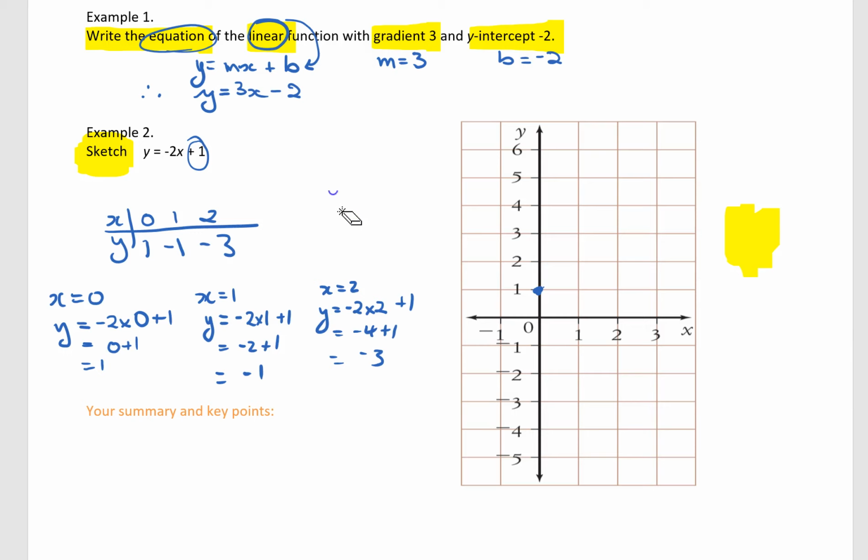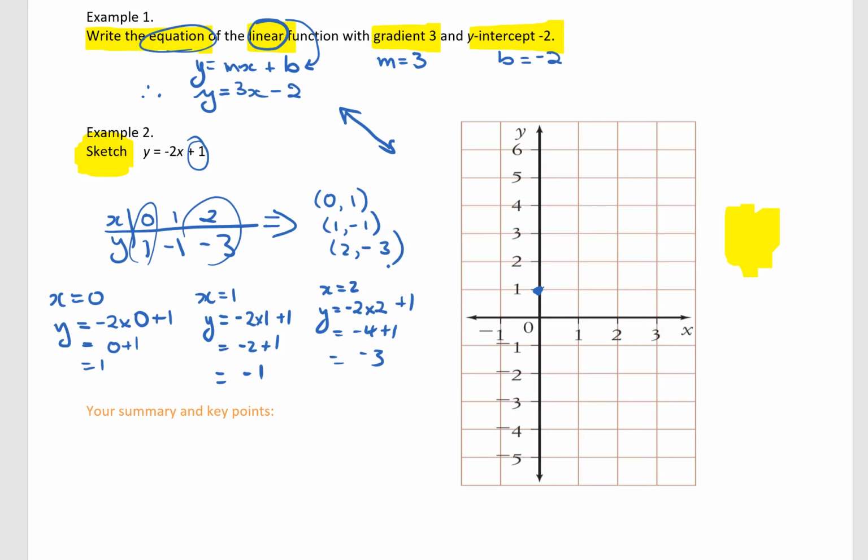I'm just going to move that and put it up here just to give me a bit more space. From this table of values now that I've created, my pairs of coordinates are (0, 1), (1, -1), and then (2, -3).